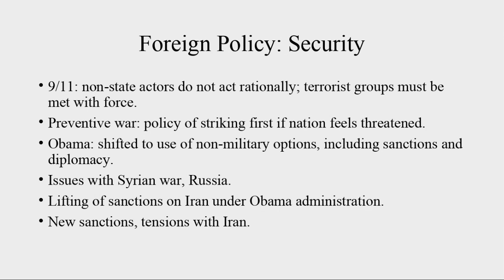But because Assad is being supported by the Russians, it doesn't look like he's going to be removed from power, despite the fact that he has used chemical weapons on civilians, bombed hospitals, and so on. So basically, Syria is kind of a stalemate, and we're not going to be able to overthrow Assad like we wanted. There are also issues with Russia trying to illegally annex the Crimean Peninsula and Ukraine.